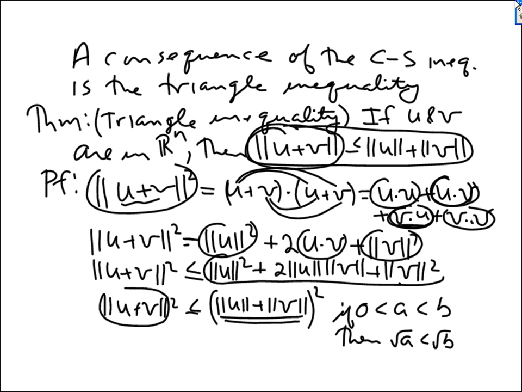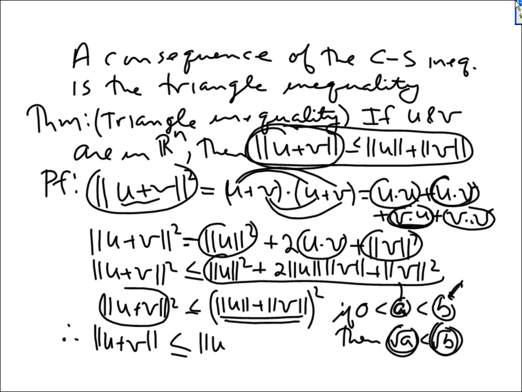I'm looking for a number that when I multiply it by itself gives me a, and another that gives me b. If b is bigger than a, then its root is bigger than that. Therefore, taking the square root of both sides, the length of u plus v is less than or equal to the length of u plus the length of v. That's neat.